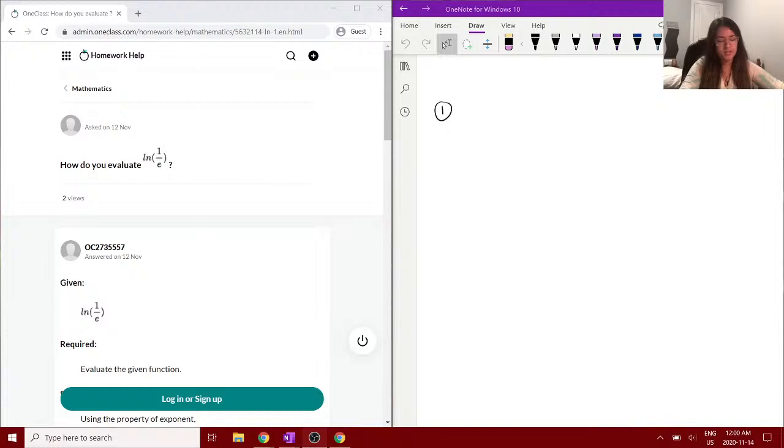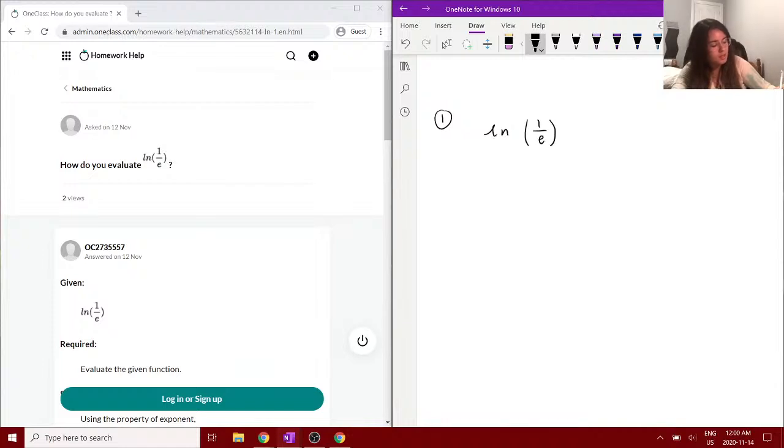Okay, so our first question for today is asking, how do you evaluate ln of 1 over e, as in the exponential function? So if we want to evaluate this, we have ln of 1 over e. We can start by applying the property of the exponent.